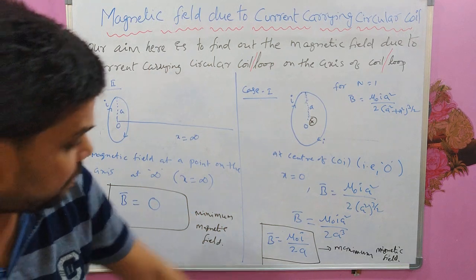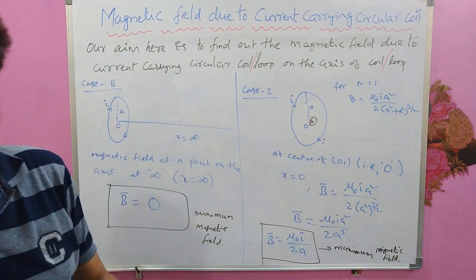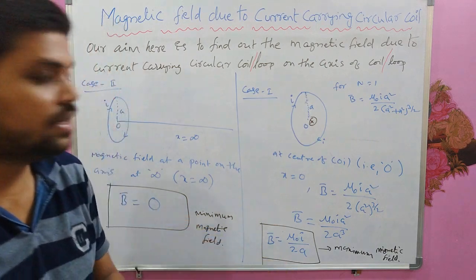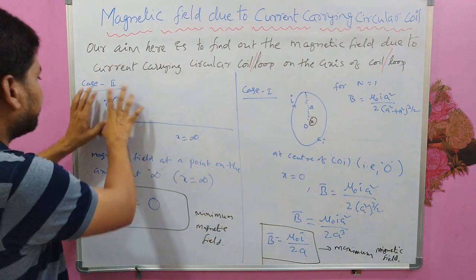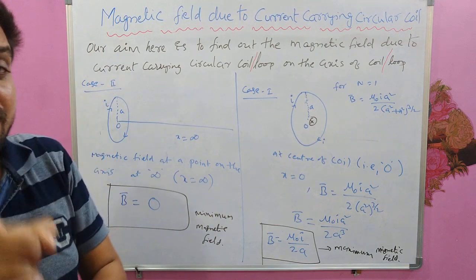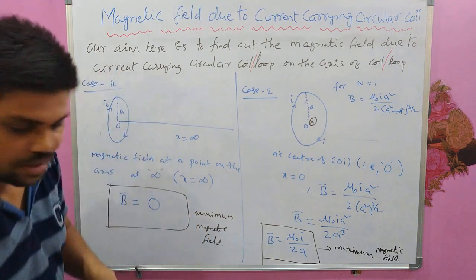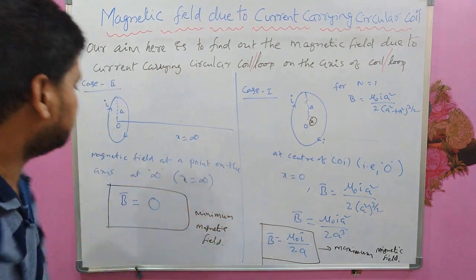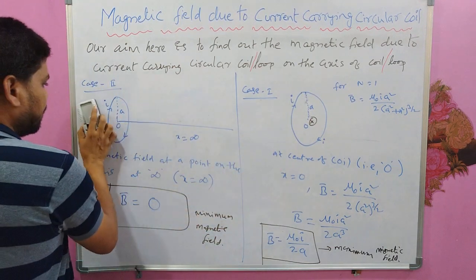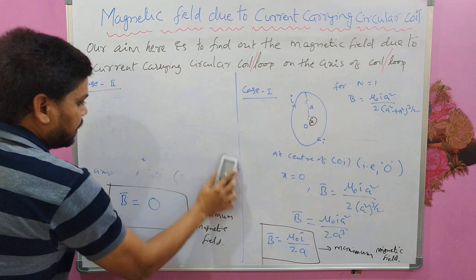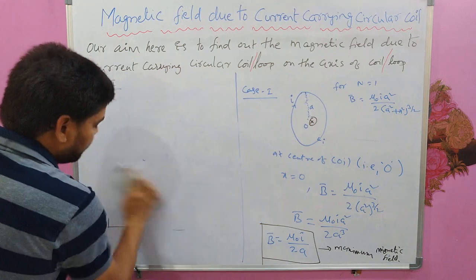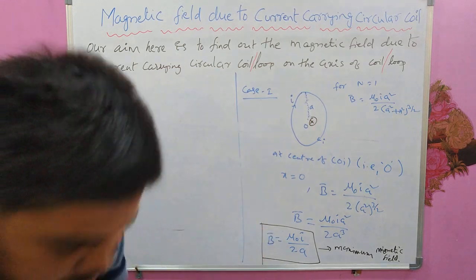Okay. So by keeping this in mind, we can also write the magnetic field due to a small part of this current carrying coil, that is an arc. I am wiping off this. Case 3, because I am going to use this formula here.